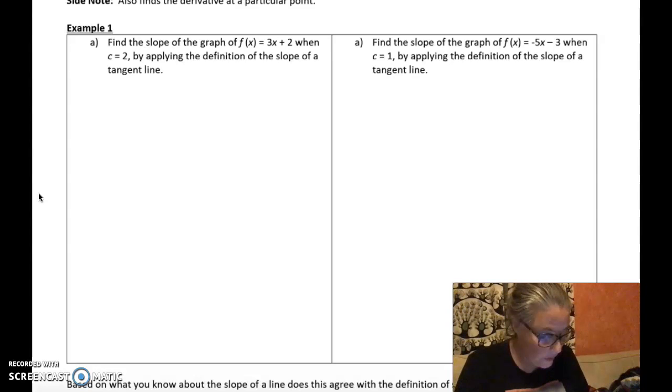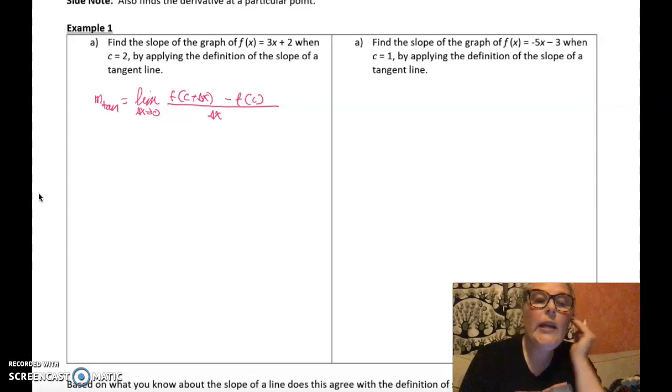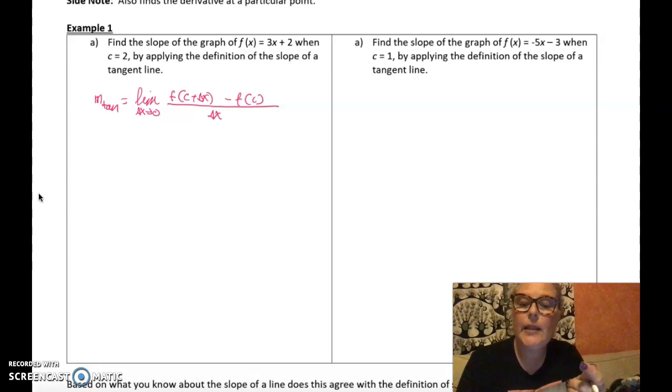We have, first of all, the slope of the tangent is equal to the limit as delta x approaches 0 of f of c plus delta x minus f of c, over delta x. So in other words, we need to find f of c plus delta x and f of c. So let's write those things down. Some people can do it straight away; you don't have to write them down separately. But for me, c is equal to 2.